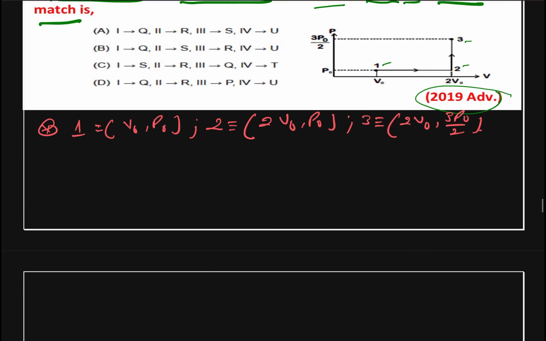The process from 1 to 2 is isobaric, and from 2 to 3 is isochoric.